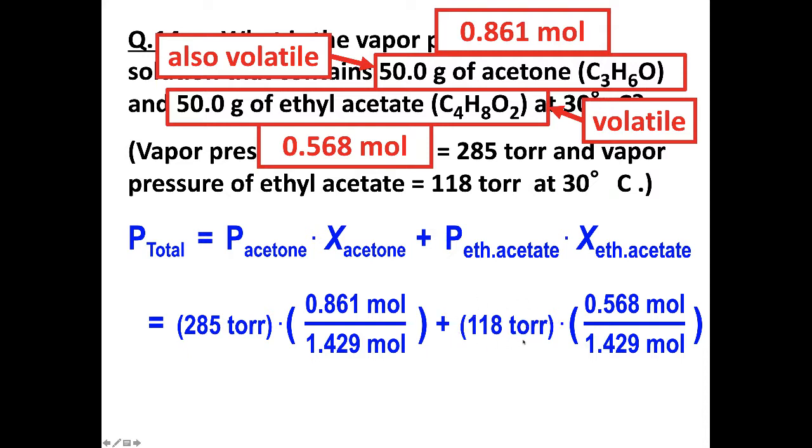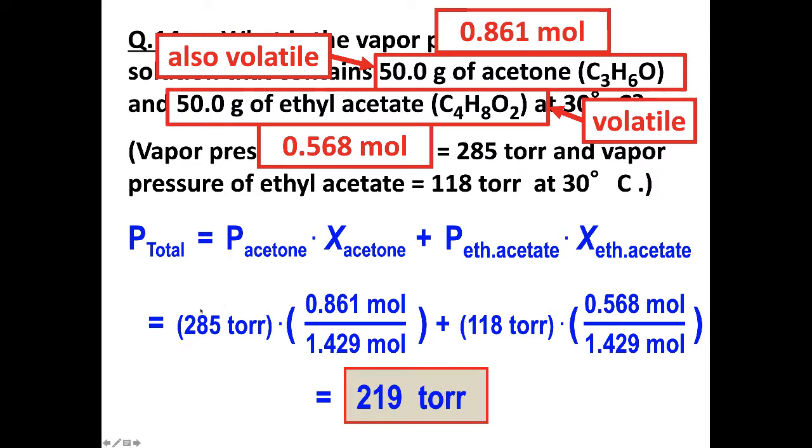So the vapor pressure of ethyl acetate is 118 torr, and there's 0.568 moles of the ethyl acetate in 1.429 moles total. Moles will cancel, torr will not, so we'll get a vapor pressure due to the acetone, and a vapor pressure due to the ethyl acetate. When we add the two together, we get 219 torr.